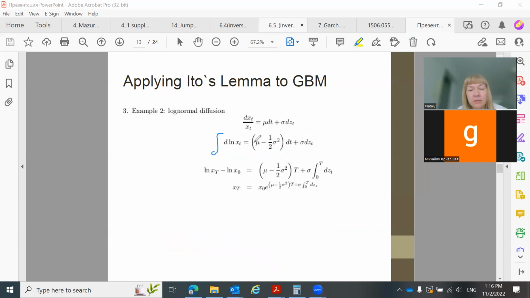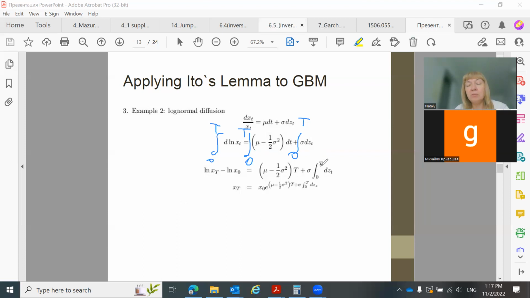So in this case, we find the integral from 0 to t capital, and you see it is ln xt minus ln x0. The constant we write before the integral. The integral with respect to dt is just t, and evaluating the limits it is t minus 0, which is t.